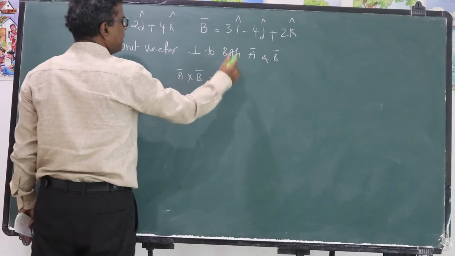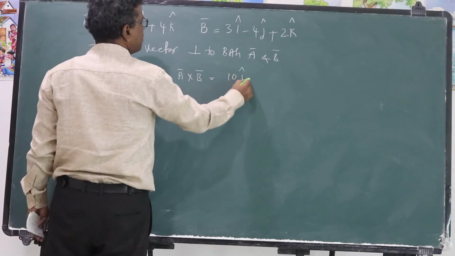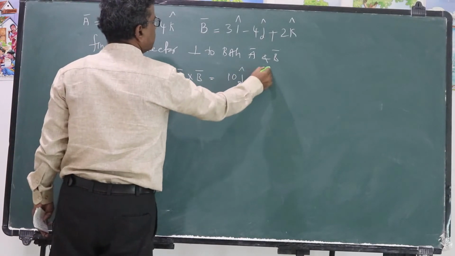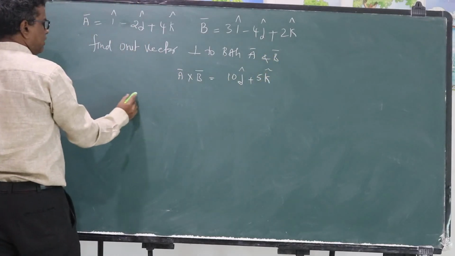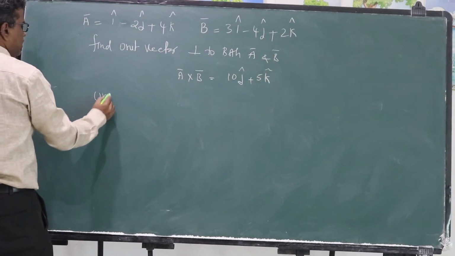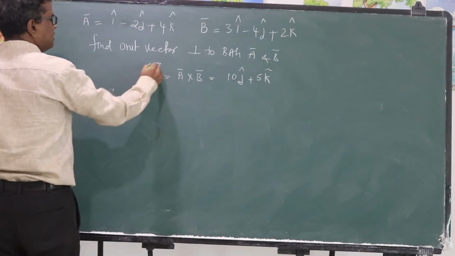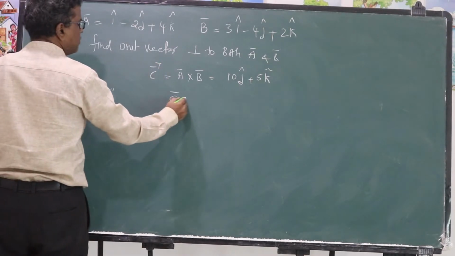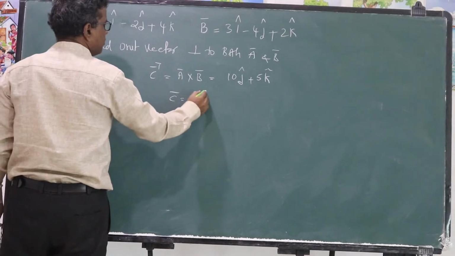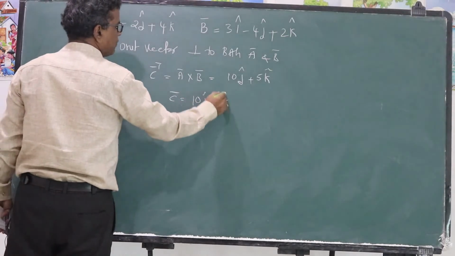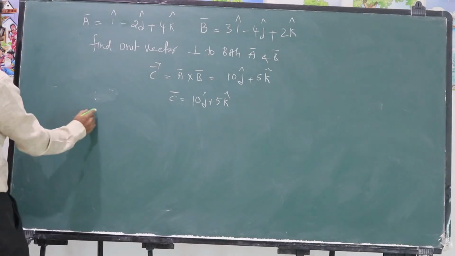We already did this one, we got 10j plus 5k. Unit vector perpendicular to both, this we can take as c bar, isn't it? So c bar we got as 10j plus 5k.